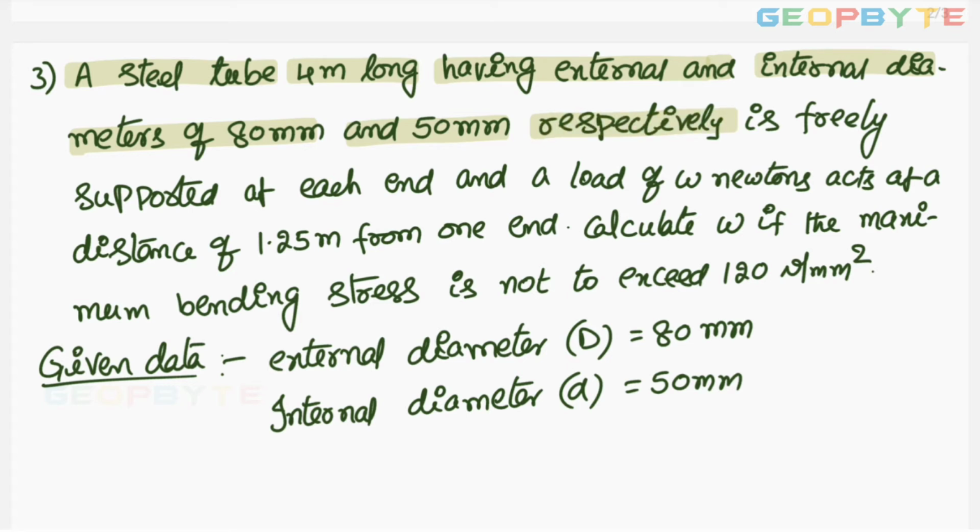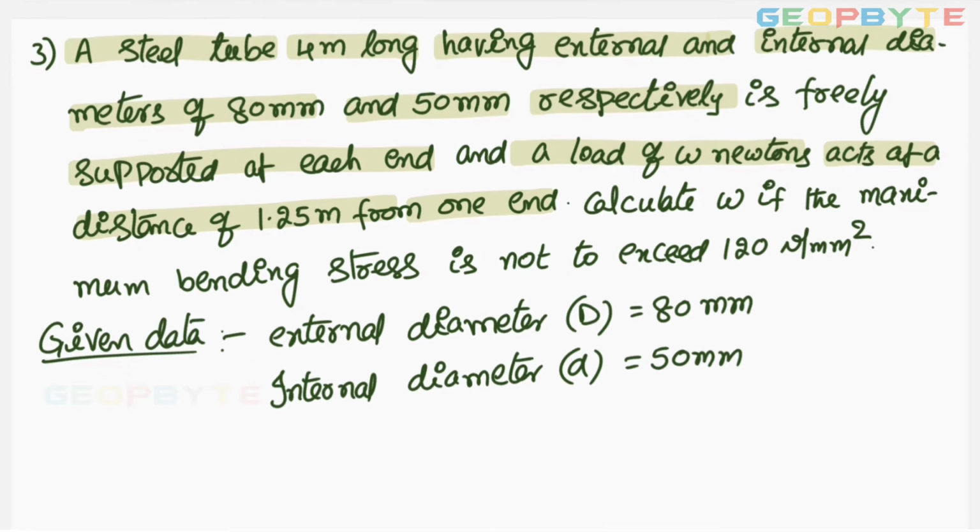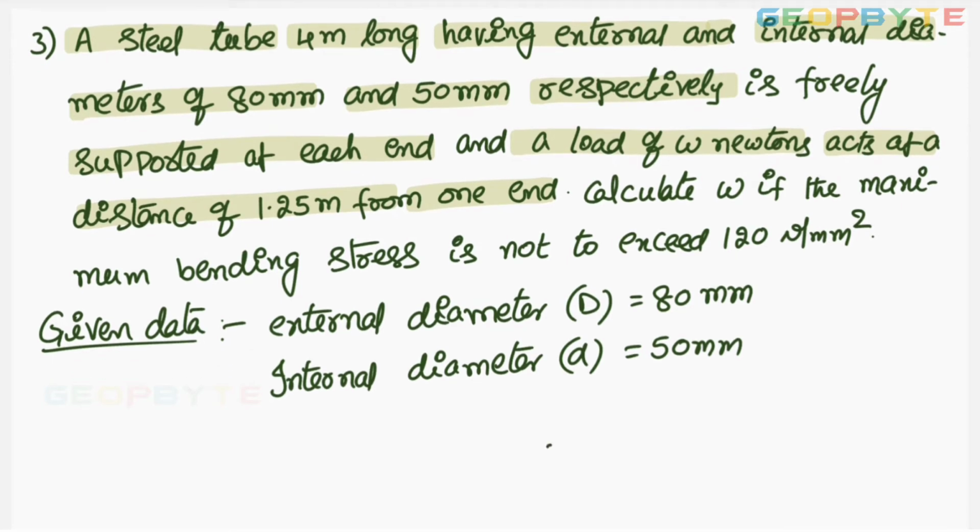Is freely supported at each end and a load of W newtons acts at a distance of 1.25 meters from one end. It is freely supported. Length of beam is 4 meters.